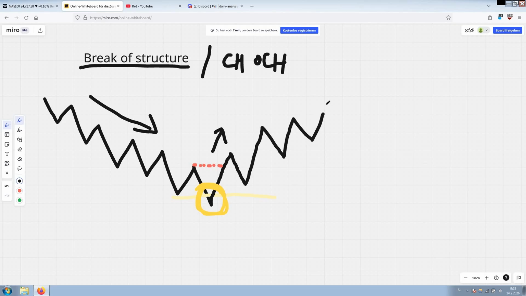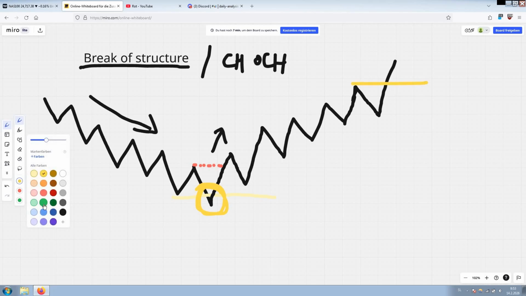So what will then happen from bullish trend to the bearish trend? How can this change happen? For example, by sweeping liquidity. We pushed the price up, we swept liquidity here. How can we confirm that we have swept liquidity? By closing below the most recent low.